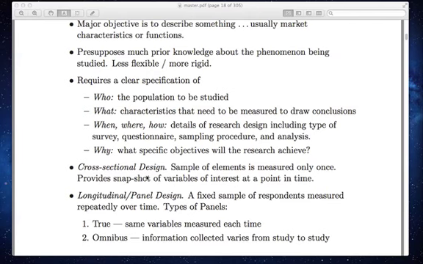Longitudinal designs involve multiple measurements over time. The classic example of a longitudinal design would be something like a medical study. I was involved in a clinical trial a few years ago for cholesterol medication.